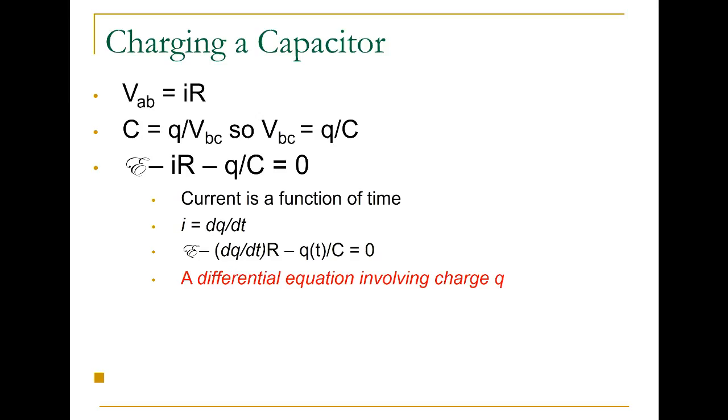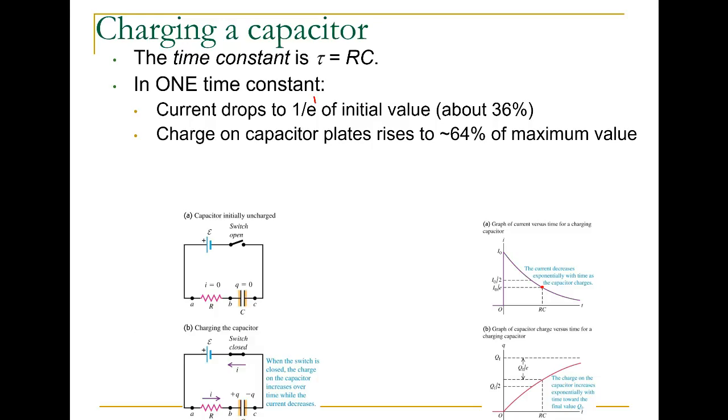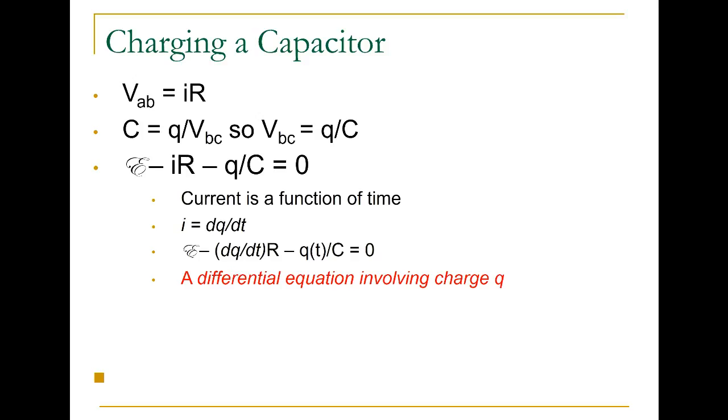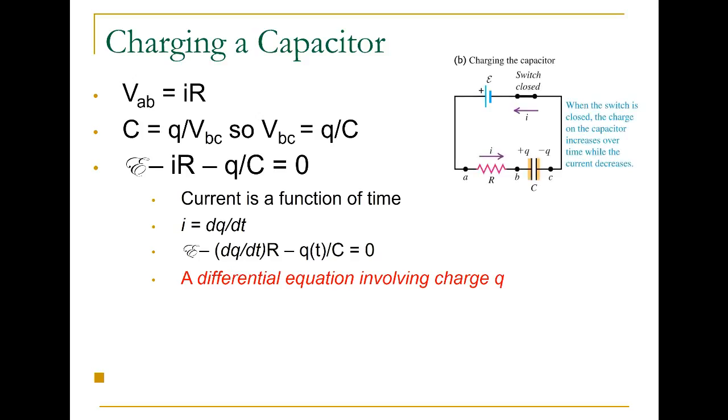So now let's talk about how we get the equation for the charge on a capacitor as a function of time. Here's our diagram when we're charging the capacitor. We want to write things in terms of potential or voltage drops, and for the resistor, it's just going to be equal to IR.